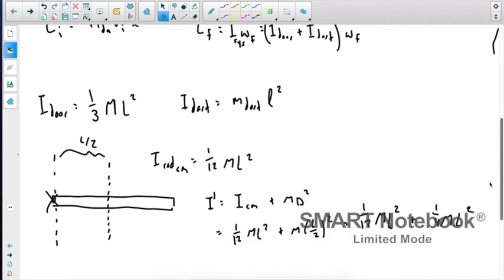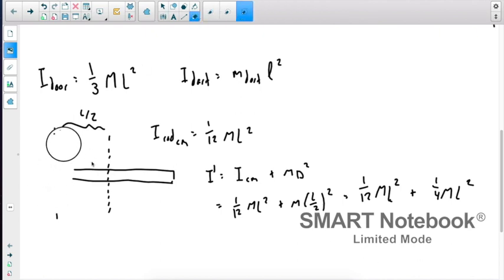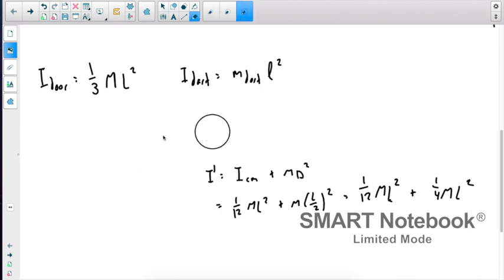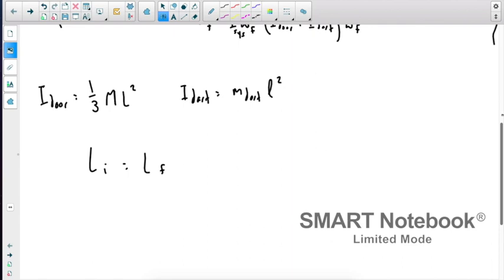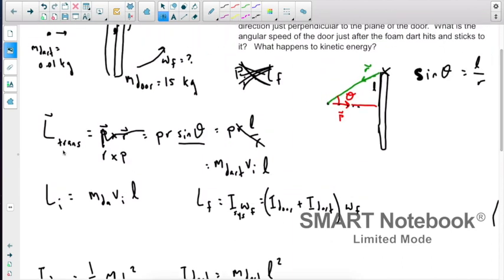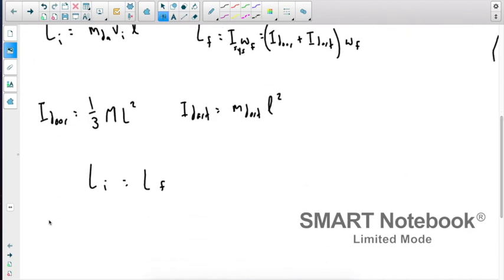Okay, so let me clean up my big mess here so I have room. So now that I've done all of that, the major concept here is that Li has to equal Lf, where Li is the translational angular momentum of the dart flying, and I found that right here. So mass of the dart, initial velocity times l. And yes, it is the same l that ended up in this expression here.